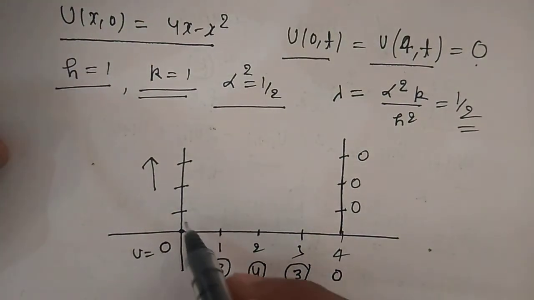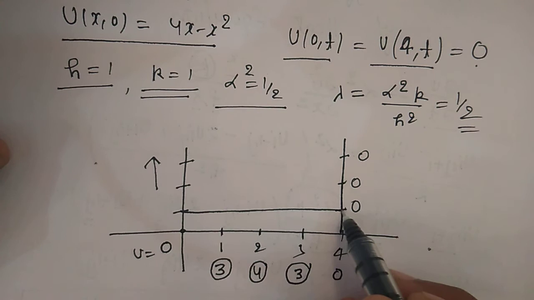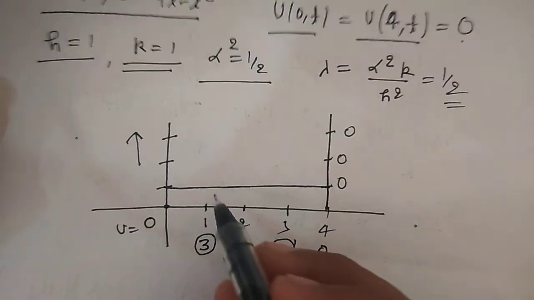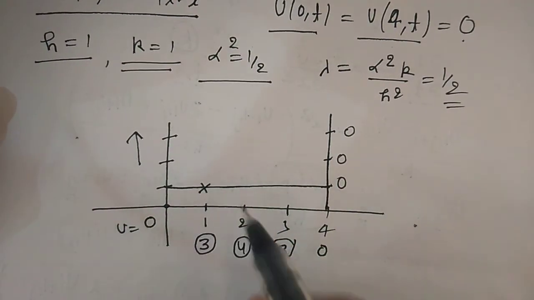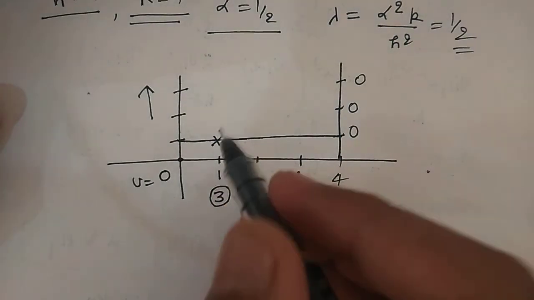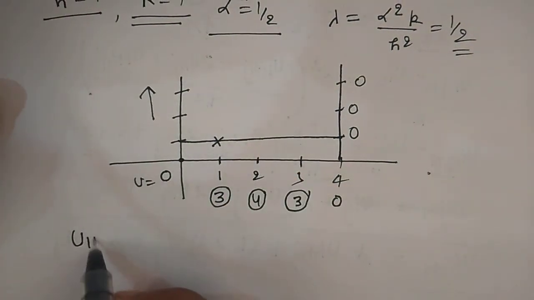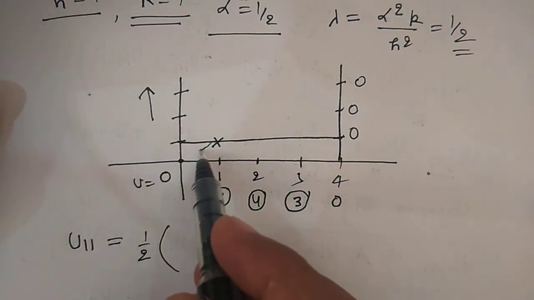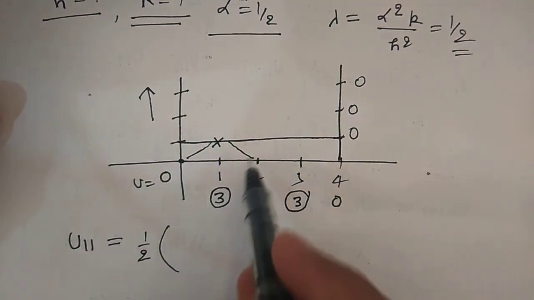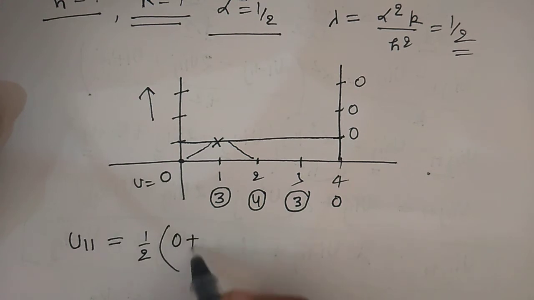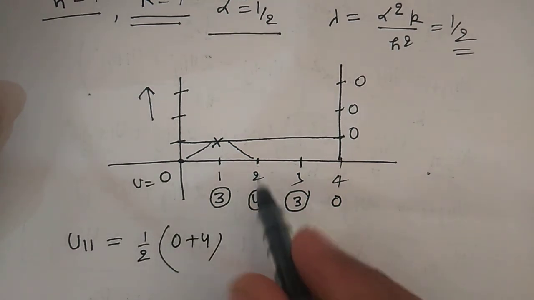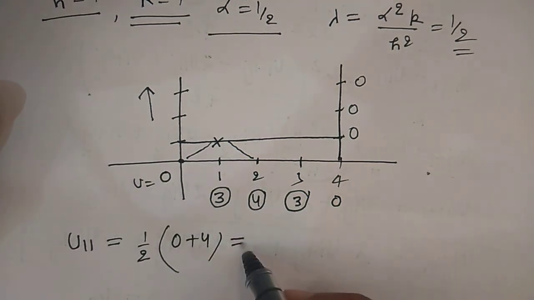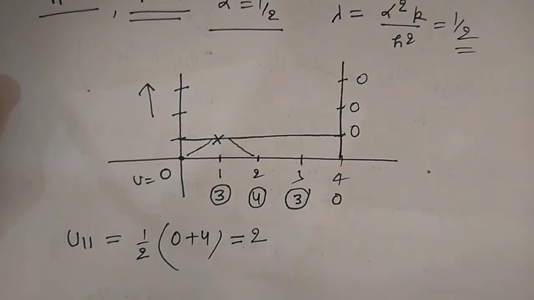Let us take the first time level. If you want to find the value at the first node, let us have u11 equal to 1 by 2 of the average of these u values: 0 plus 4, so we get 2. Fine.